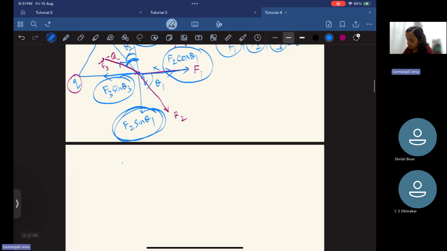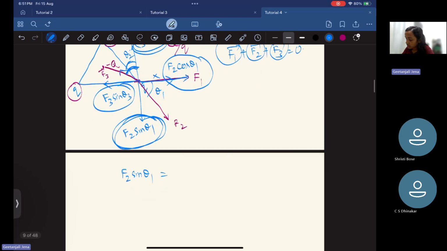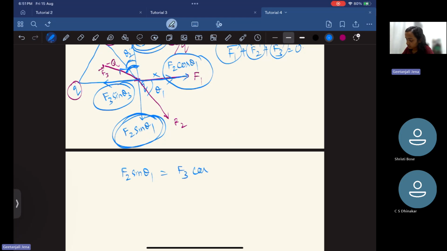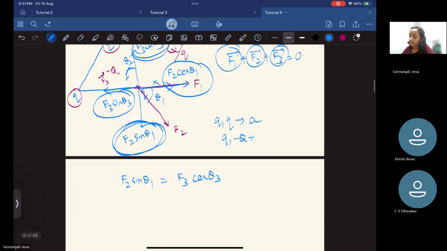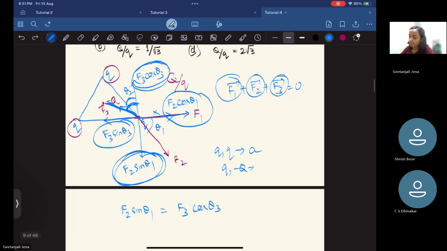So F2 sin theta 1 should cancel F3 cos theta 3. You can see the distance between Q and Q is A, and the distance between Q and minus q, this length, will be A by root 3.